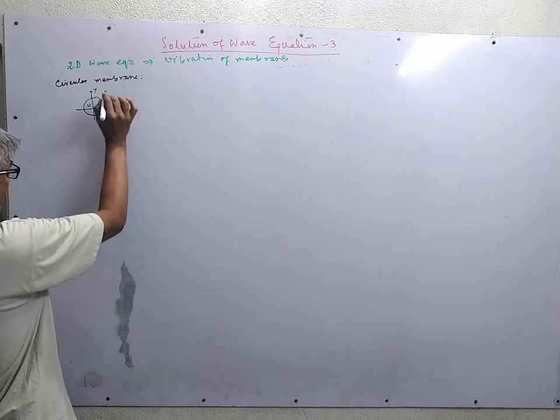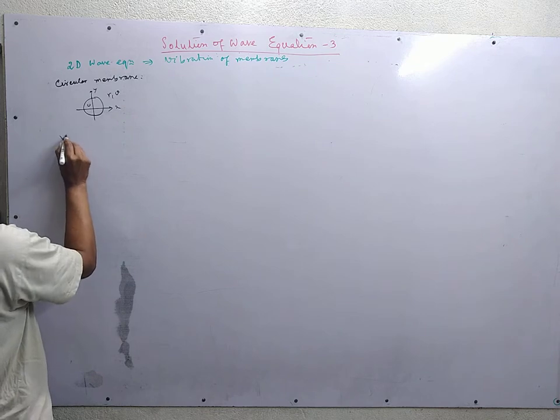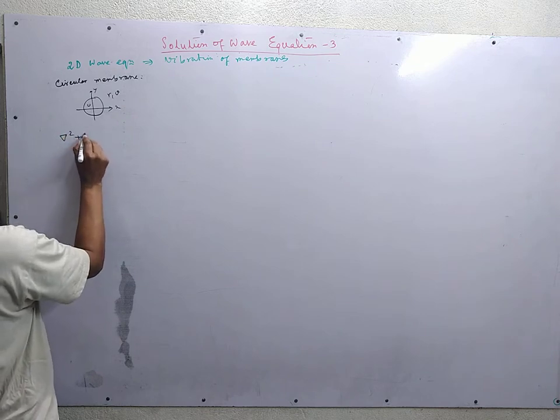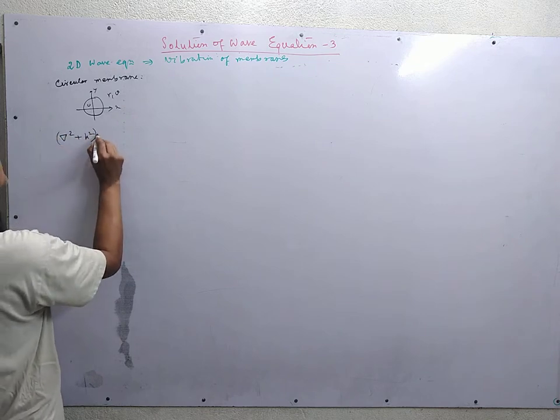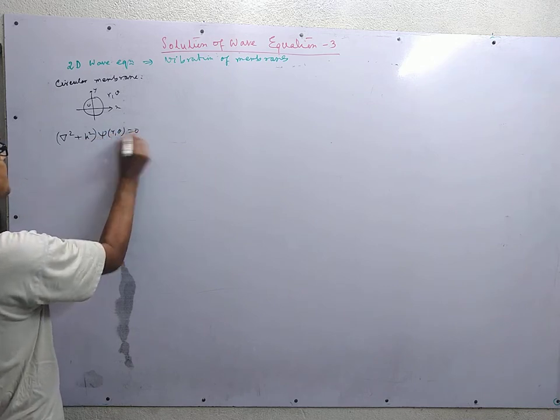Due to this symmetry, we use the polar coordinates r, theta. So the spatial part is governed by the Helmholtz equation, which is (del squared plus k squared) psi of r, theta is equal to 0.